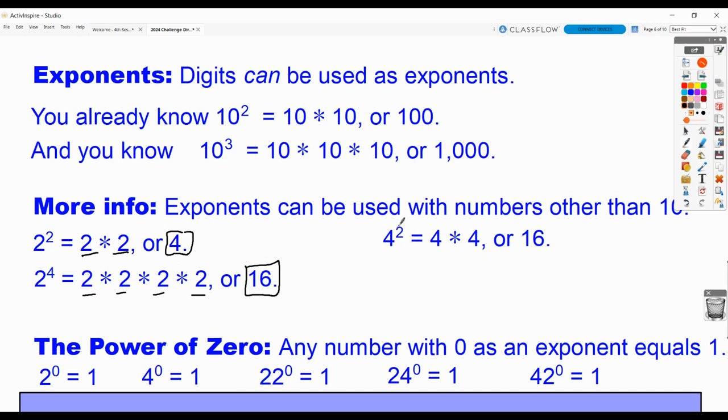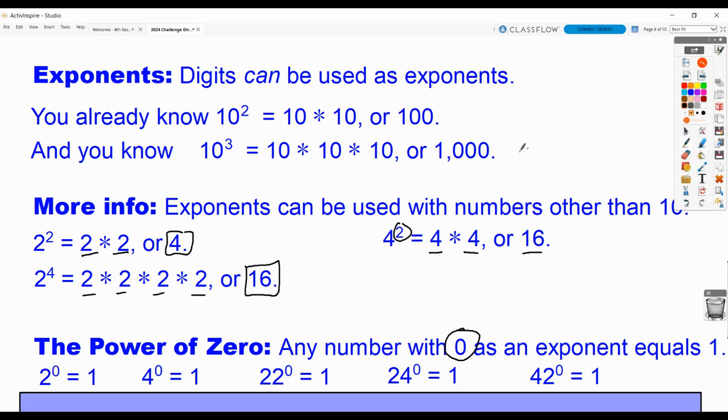So you can kind of get tricky with exponents if you want to form different values. You could even say 4 to the second power. That simply means we're going to use 4 as a factor 2 times. Well, 4 to the second power is worth 16. Now, there's another rule. We can explain it in more detail to you, but the power of zero is actually pretty powerful. If you raise any number to the power of zero, that means use zero as an exponent like we've done here.